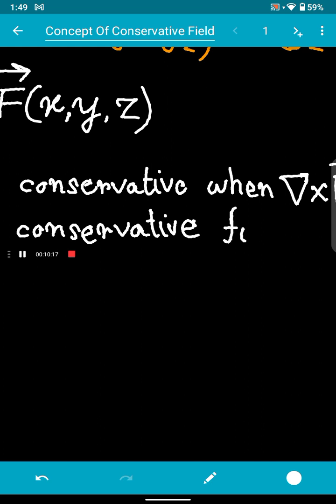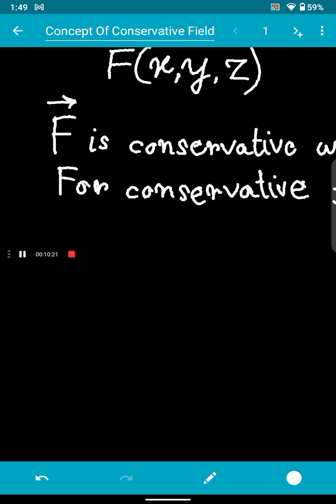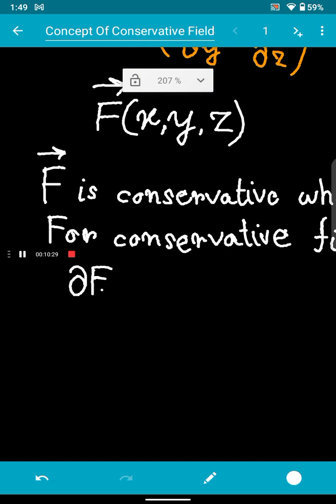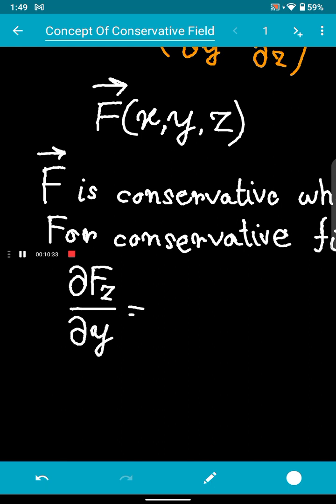For a conservative field, if we write component wise, then we need del fz del y is equal to del fy del z, there will be three conditions for the three components.